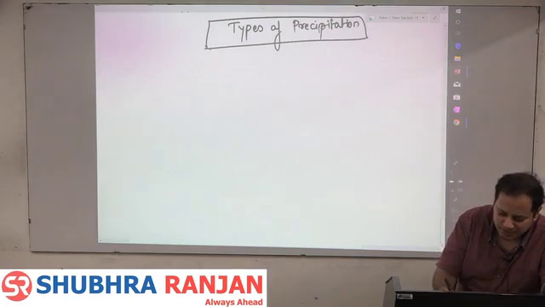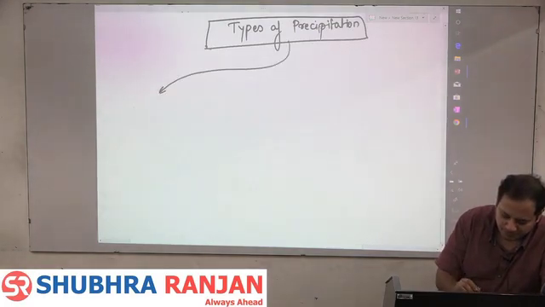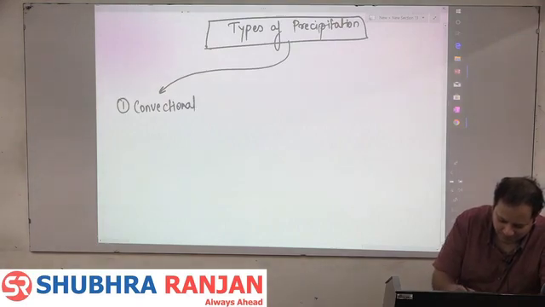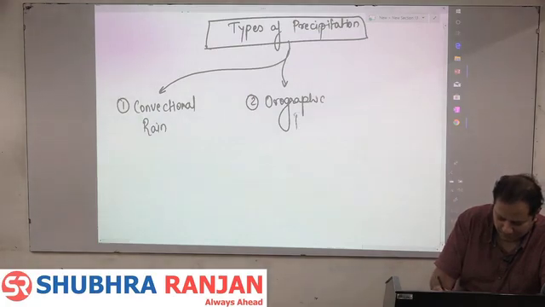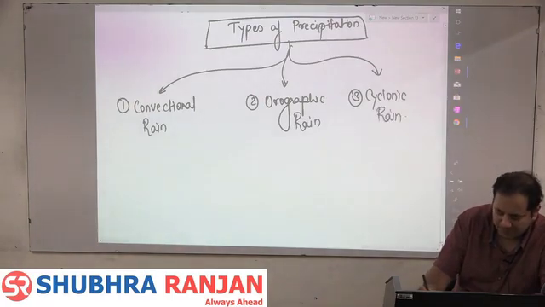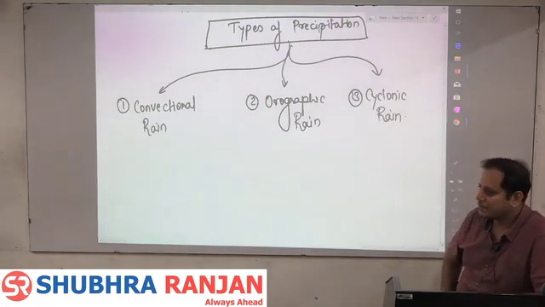And the types of precipitation, very simple. Convectional rainfall, orographic rainfall and the cyclonic rainfall.